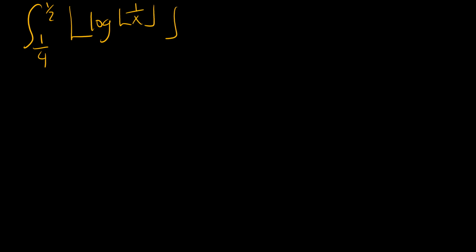So our problem is the definite integral from a quarter to a half of the floor function of the natural logarithm of the floor function of 1 over x, right? So the first question is, what is the floor function?